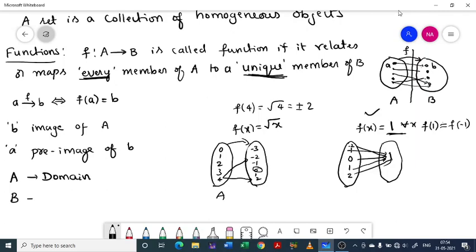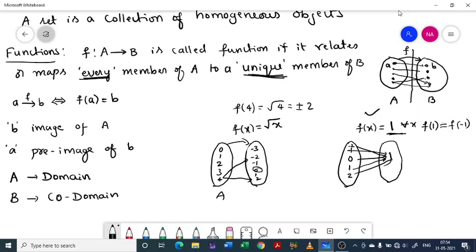So here B will be the codomain. F maps entries to this set B. So this is called the codomain and A is called the domain. So this is about function and set.